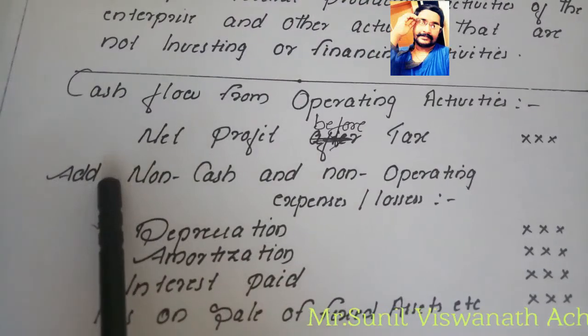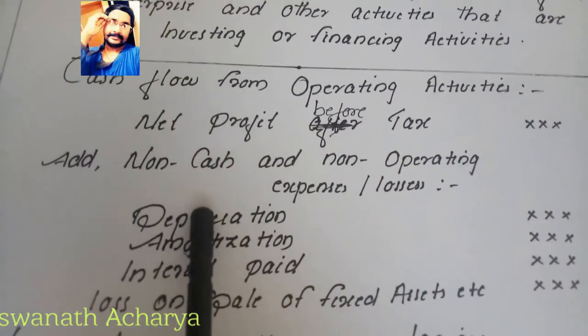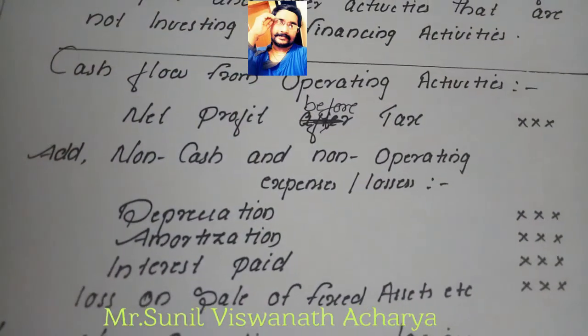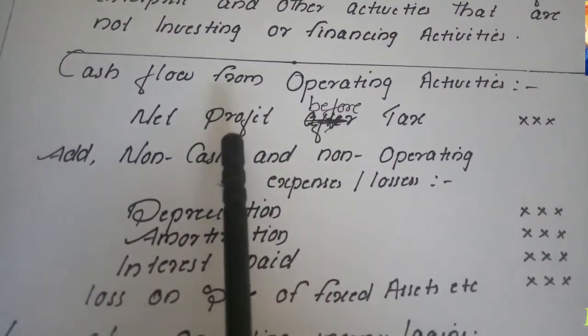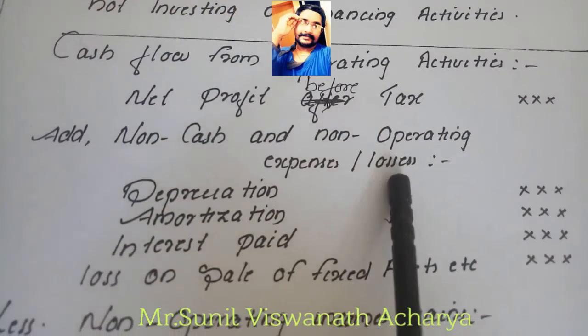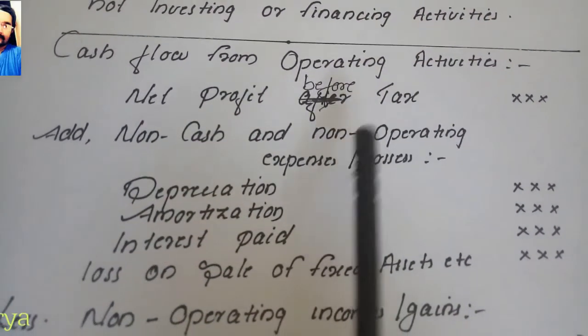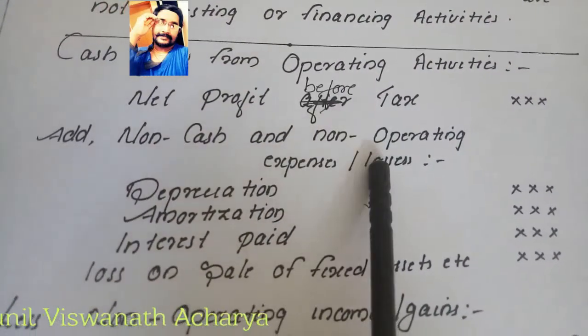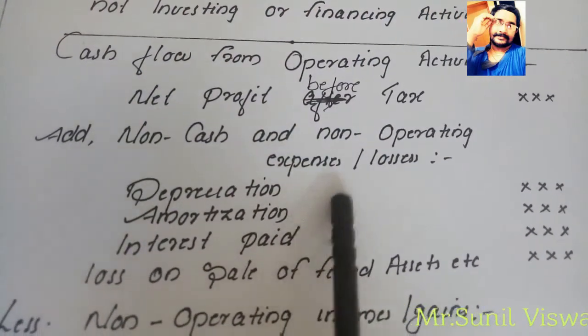Any non-cash item was already deducted in the profit and loss account. To get the real operating profit, we have to add that back. Remember, non-operating expenses do not belong to operating activity. These items were already deducted in the profit and loss account, and only then did we get net profit. So we have to reverse, that is add, all these items.